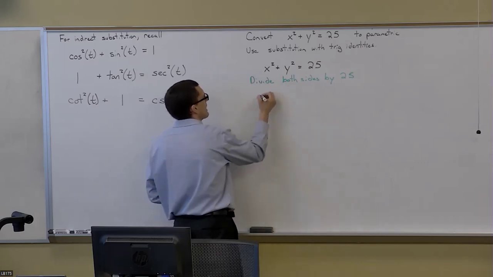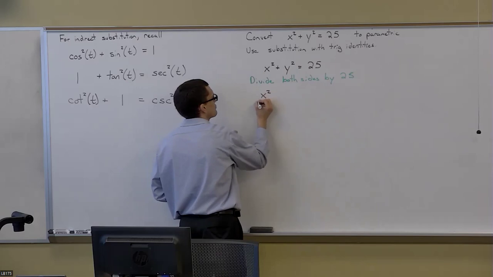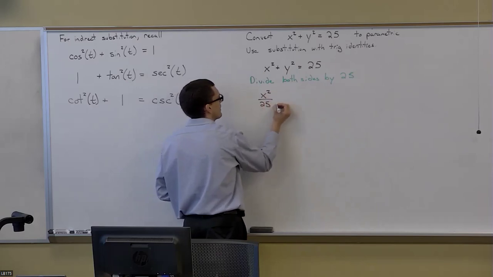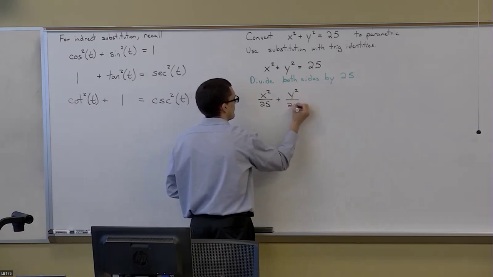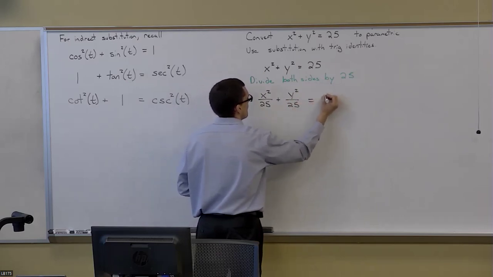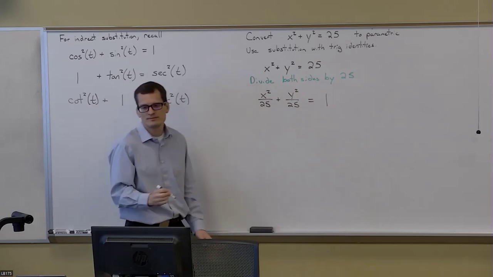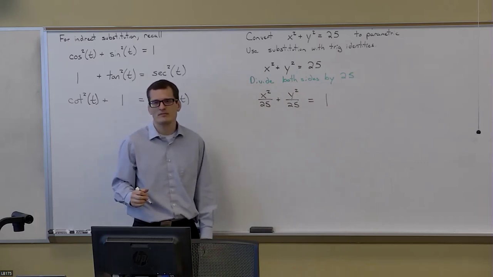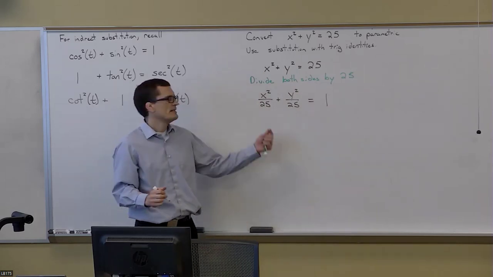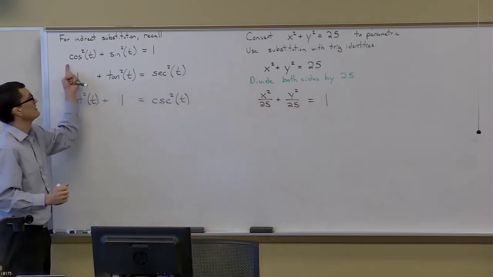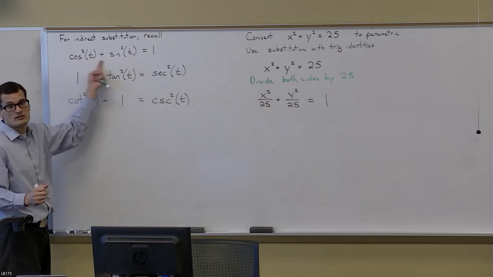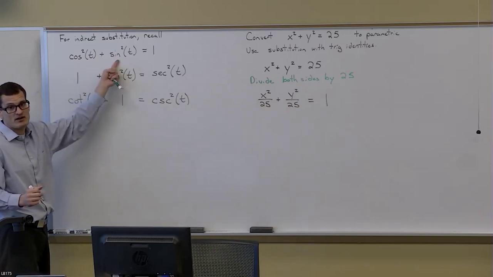If I divide both sides by 25, I get x squared over 25 plus y squared over 25 is equal to 1. Now, this looks very similar to the original Pythagorean identity on trig functions.